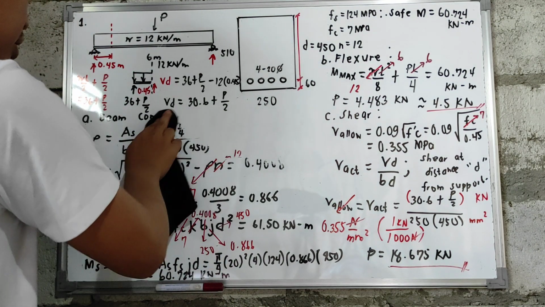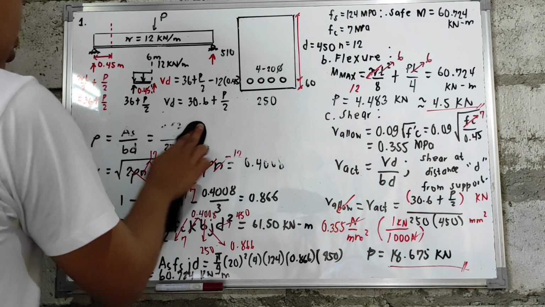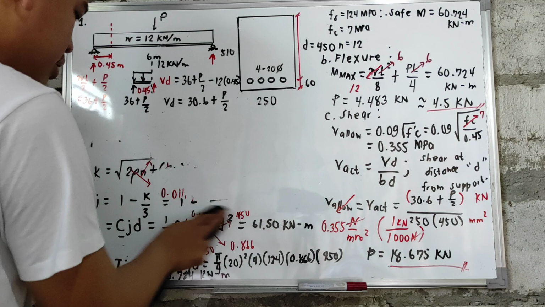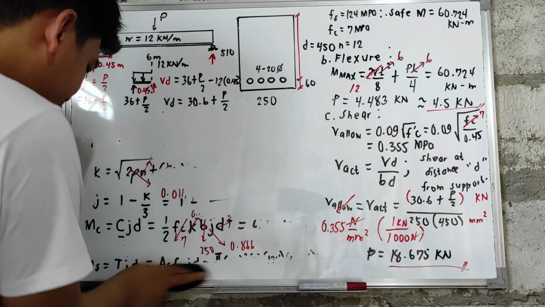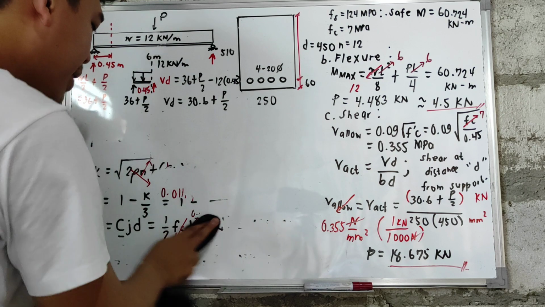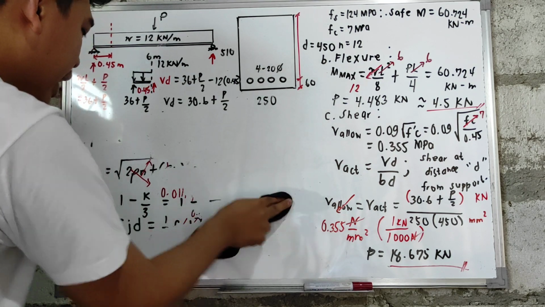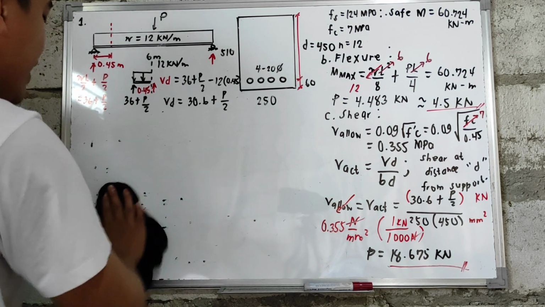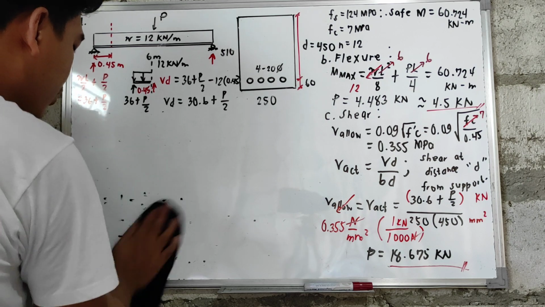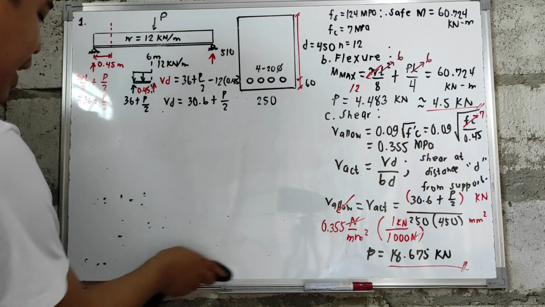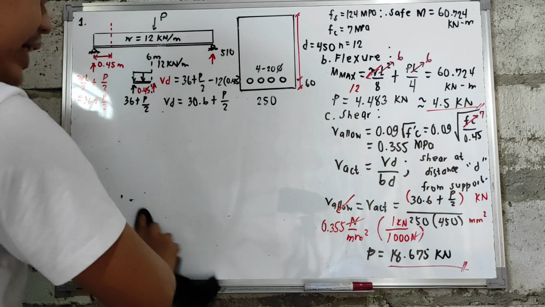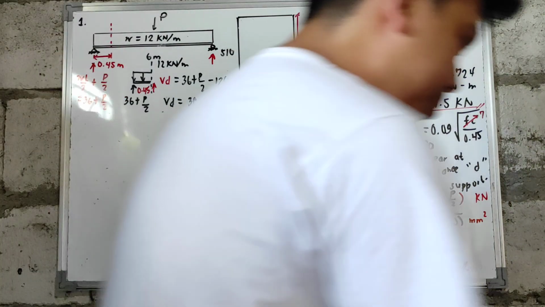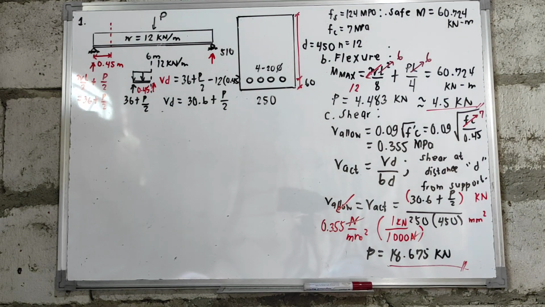The allowable values here are written in our modules. And by general rule, after we get the value of the concentrated load P from our bond stress, we will compare the obtained value to 18.675 and 4.5 kilonewton. Now, considering bond stress.